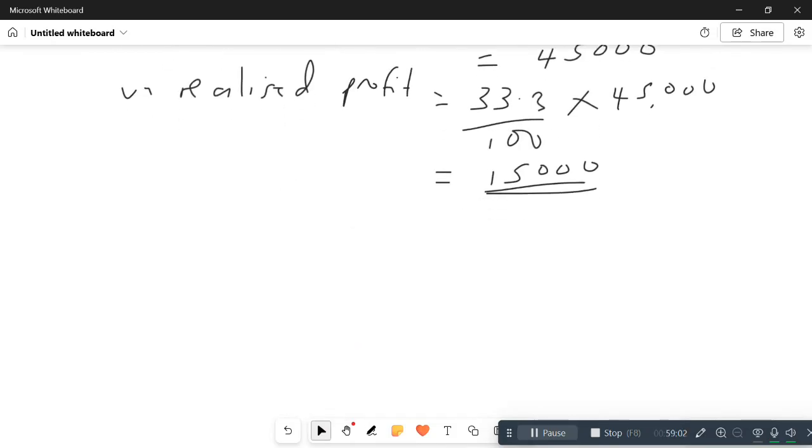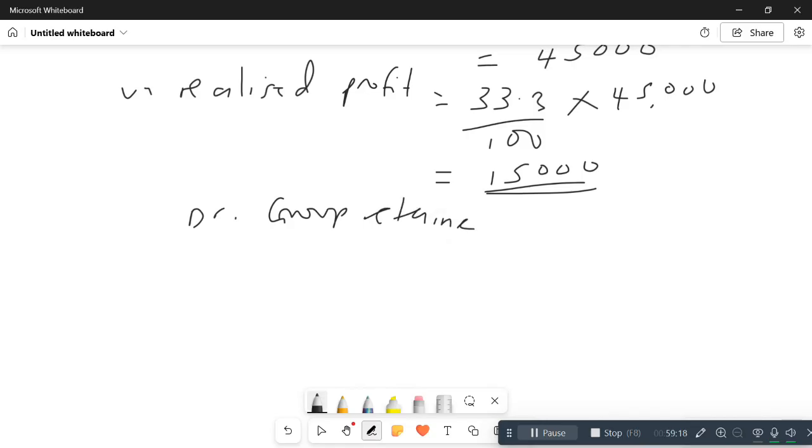This unrealized profit has not been realized. So we shall use the journal entry by debiting the parent, or what we call group retained earning, by 15 million.